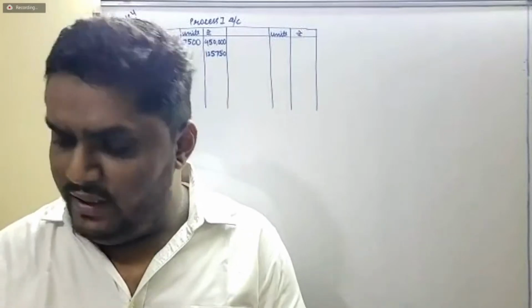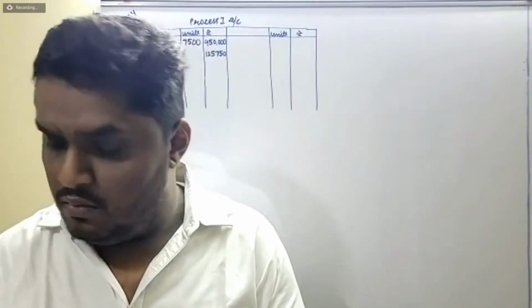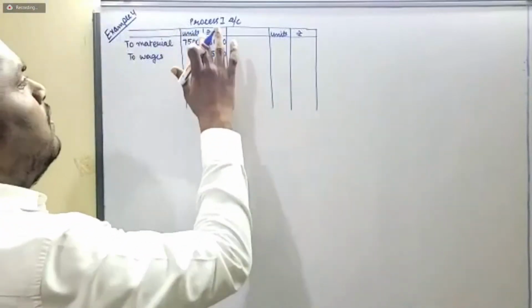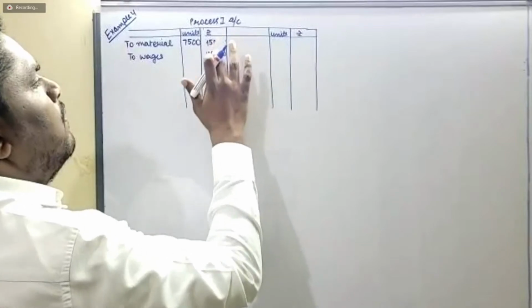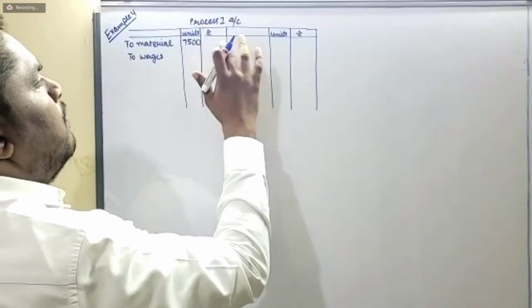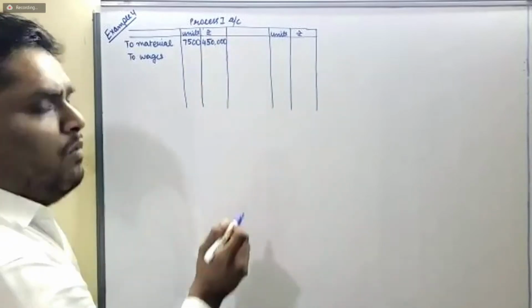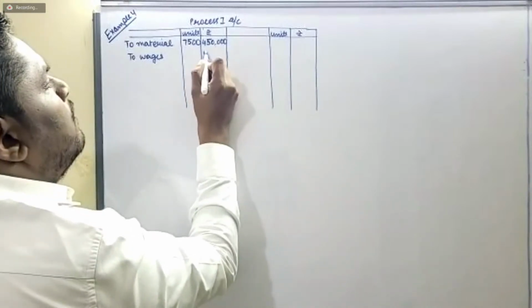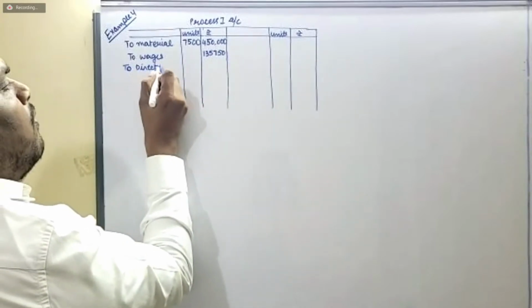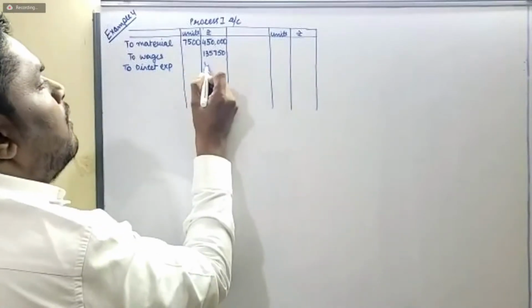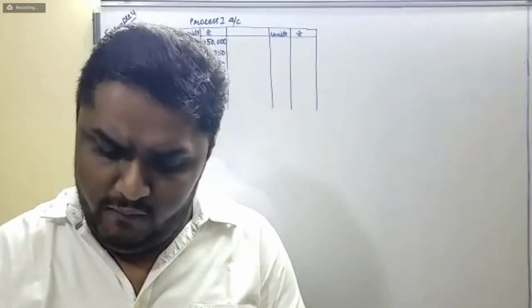Direct expenses are 60% of wages. Further, manufacturing overhead is 20% of direct wages.